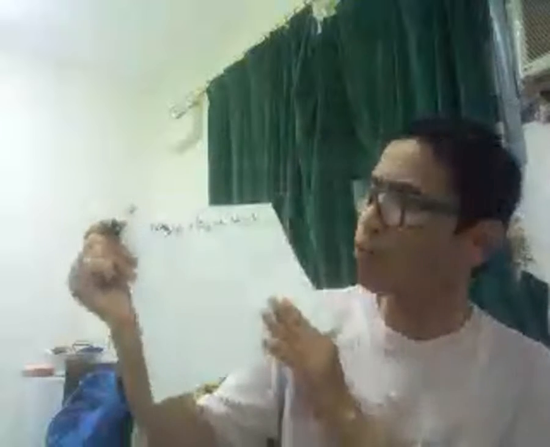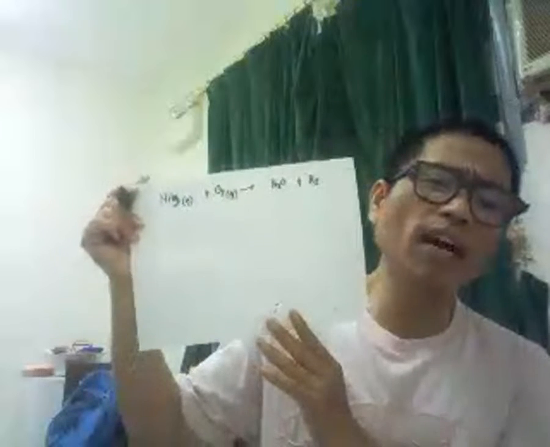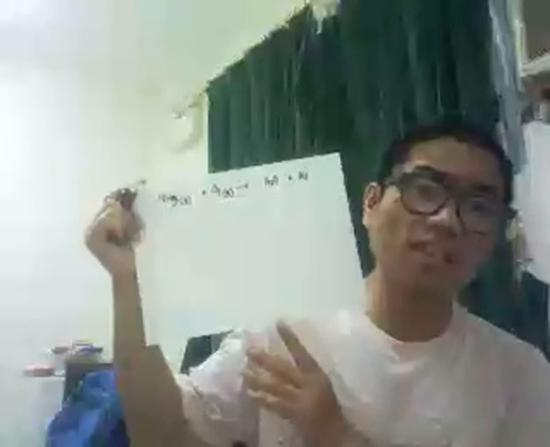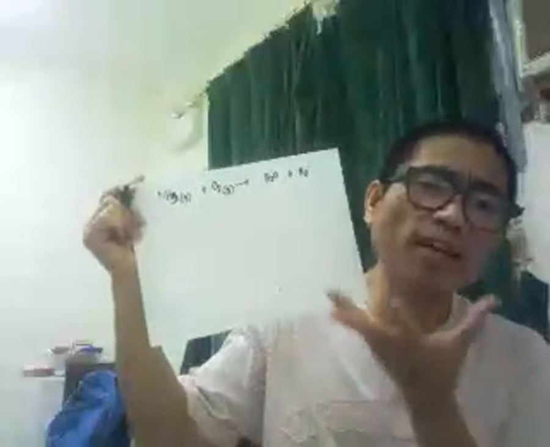In your class, this is gas to gas. Normally, the water here will no longer be a liquid. It's also a gas because it will vaporize in the atmosphere, as a steam or a vapor. Not the liquid.